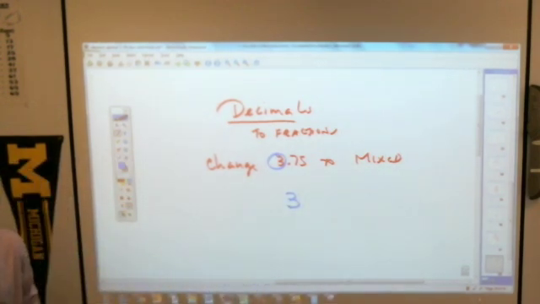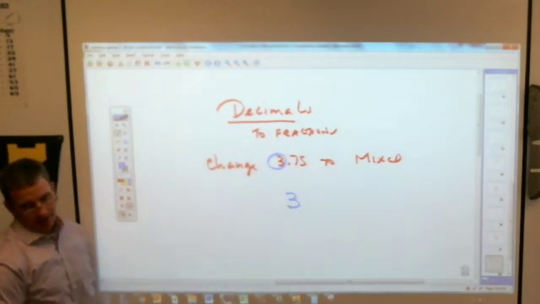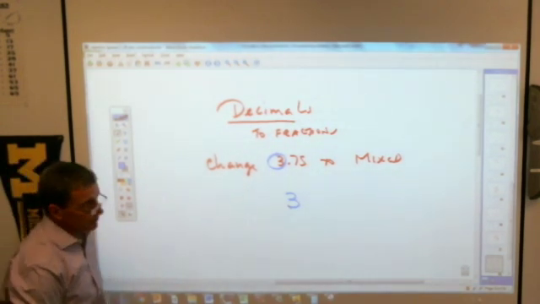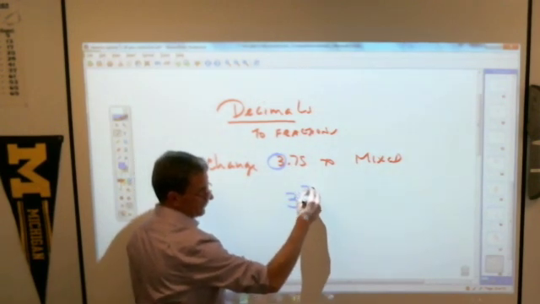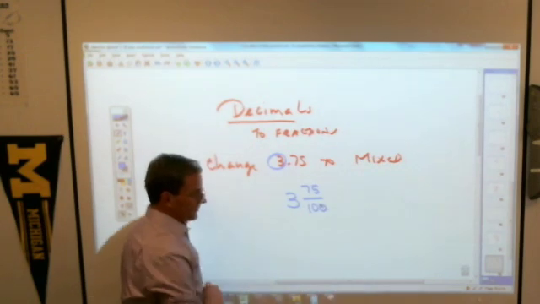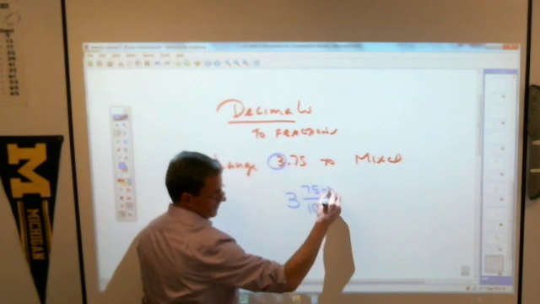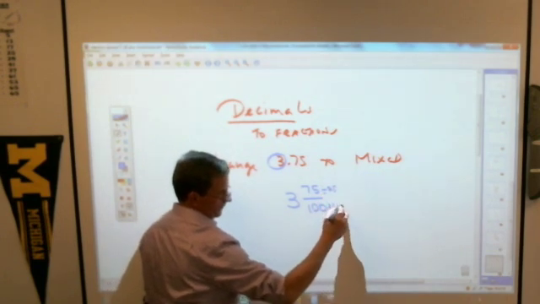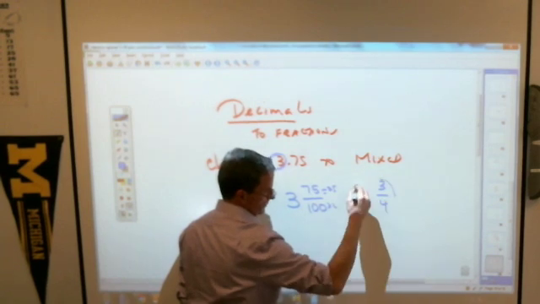What does 0.75 change to as a fraction? And again, best way probably to do that is read it to yourself. 0.75 is 75 what? 100ths. The only problem with 75 hundredths is you need to reduce it. 25 goes into both of them, so you end up with 3 and 3/4.